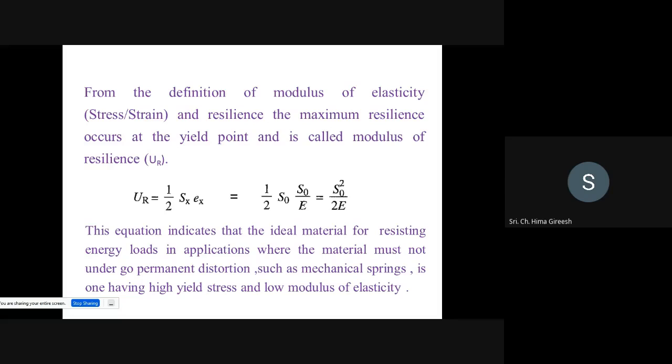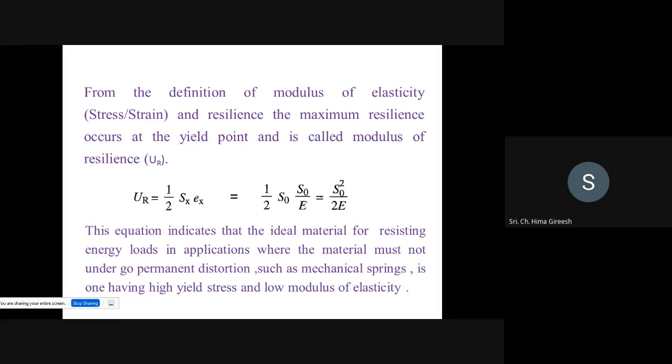That's why it must not undergo permanent distortion, such as mechanical springs. The modulus of resilience is high for mechanical springs because they have a high yield stress and low modulus of elasticity. If we take the steel family as an example, steel with some alloys and steel with carbon has high yield stress values.